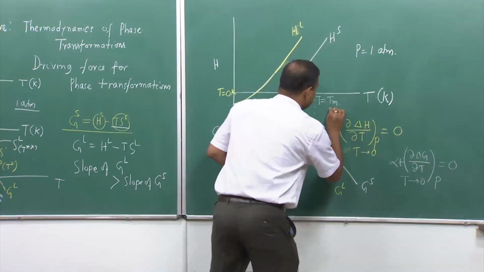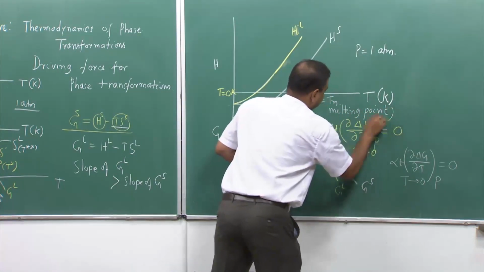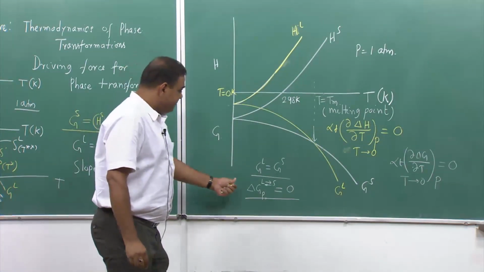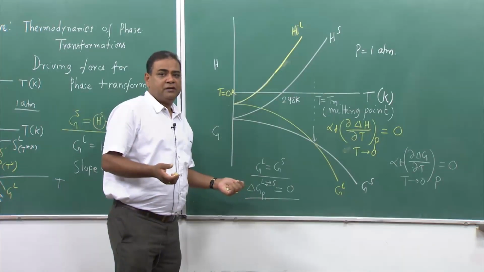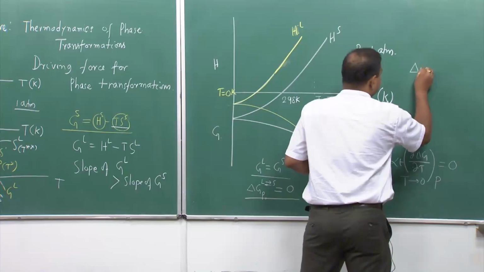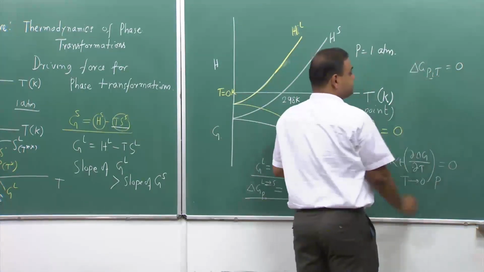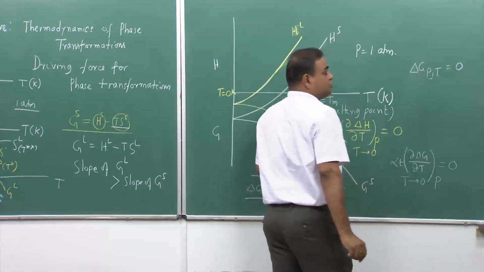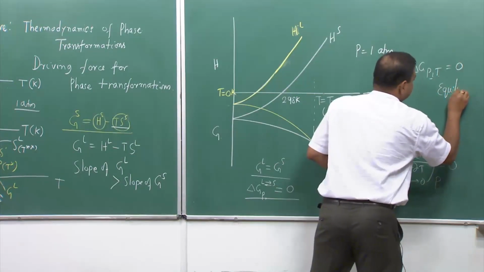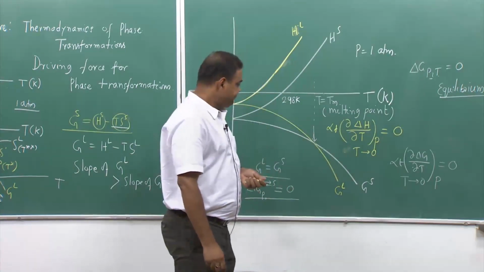So, this is the melting point. And as per the thermodynamic concept, whenever del G at constant pressure and temperature goes to 0, that means if this difference value goes to 0, we say that this has reached equilibrium.